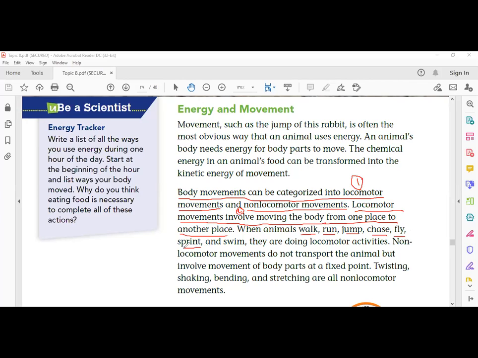Sprint means fast running. Swim. All of these are locomotor movements. When animals walk, run, jump, chase, fly, sprint, swim, they are doing locomotor activities.